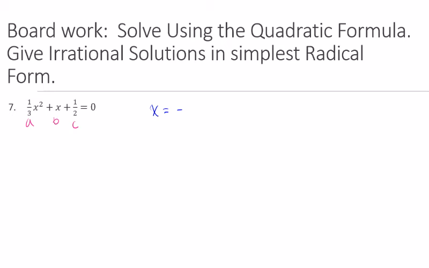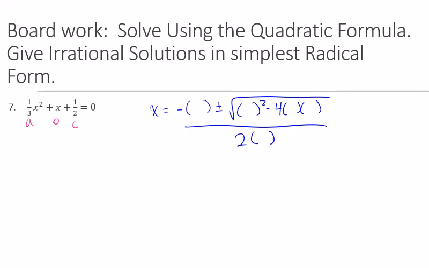So x equals negative b plus or minus square root of b squared minus 4 times a times c all over 2a. A is 1/3, so that goes after the 4, and underneath, b is 1, and c is 1/2.